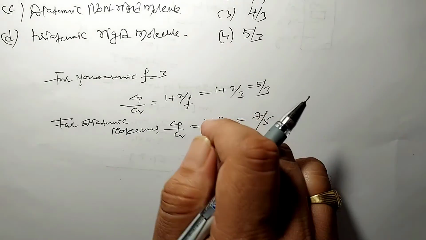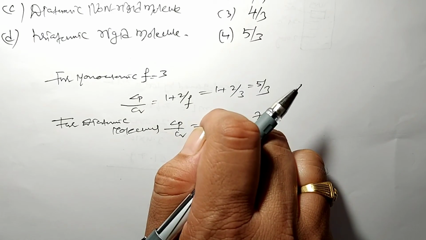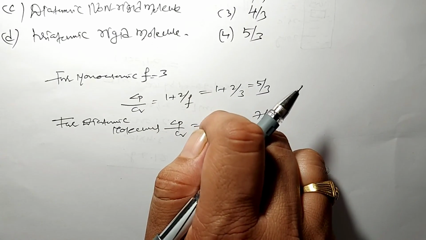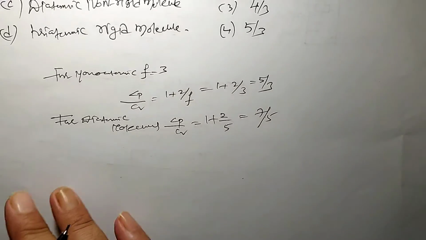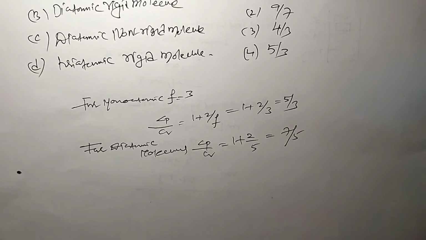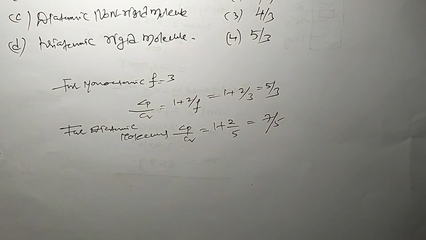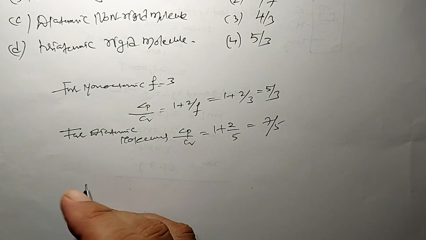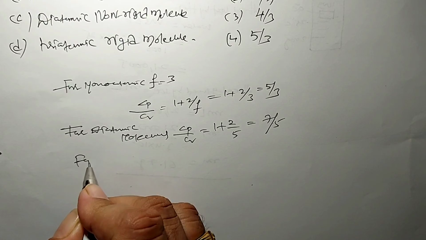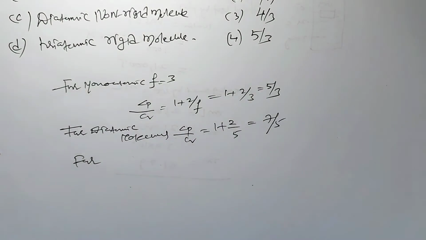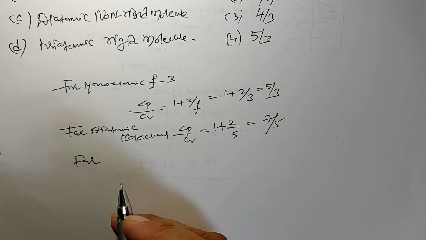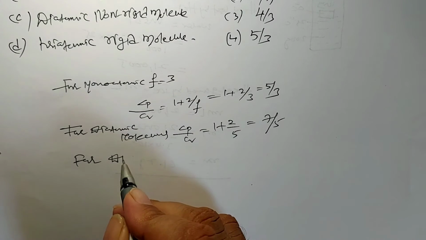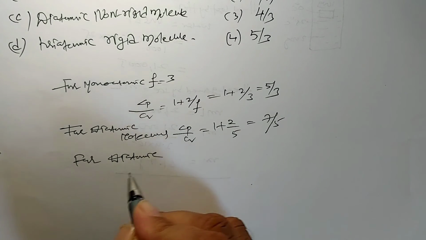So 1 plus 2 by 5, that is 7 by 5. Now for a diatomic non-rigid molecule.